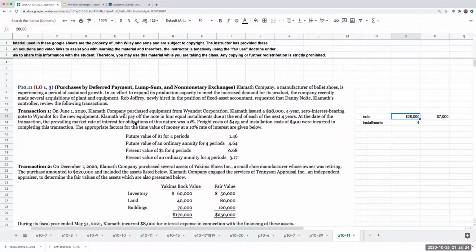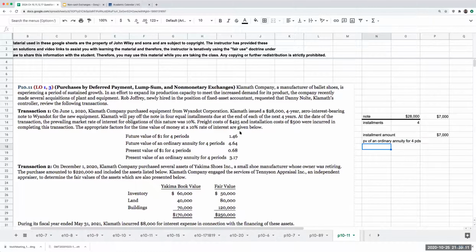At the date of the transaction, the prevailing market rate for the obligations was 10%. Freight costs were $425, installation was $500, and then here are the factors. The first thing is that the purchase price is not $28,000 because we have to impute interest. So I'm going to take my installment amount of $7,000 and multiply it by the present value of an ordinary annuity for 4 periods.